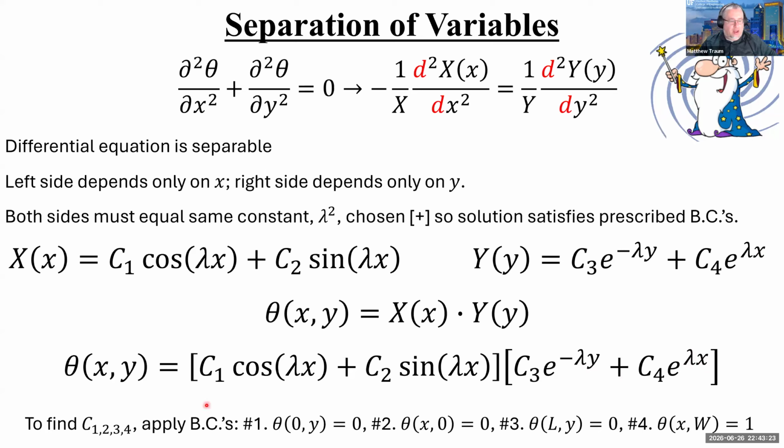Okay, so now we're going to find C1, C2, C3, C4. Those are all constants of integration that come out of taking two integrals of X equals lambda squared and Y equals lambda squared. And we know the boundary conditions. We talked through what they are, so I just list them here again for your convenience and edification.